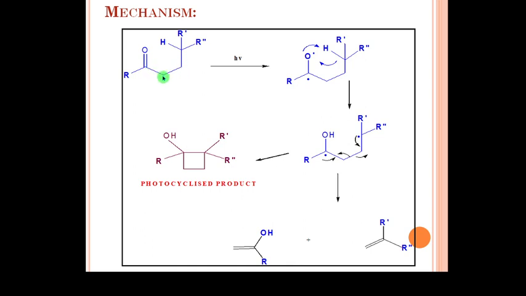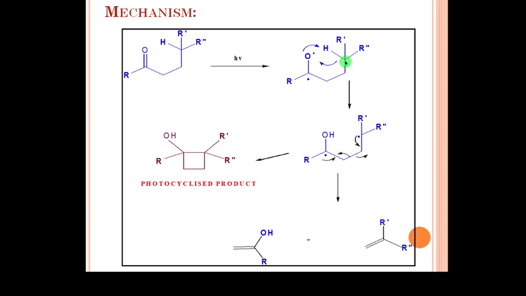This is the alpha position, beta position, and gamma position, and photolysis results in the formation of a diradical. Following this diradical formation, the gamma hydrogen is intramolecularly abstracted by the oxygen of the carbonyl compound, so that in turn the radical is transferred to this gamma carbon.